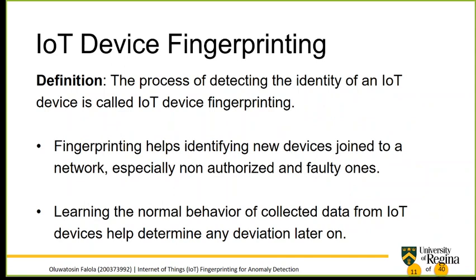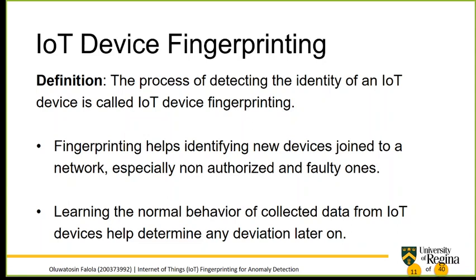Now, IoT device fingerprinting is a process of detecting the identity of an IoT device. With fingerprinting, we are able to identify new devices that have joined the network, or existing devices in the network, especially devices that are unauthorized or faulty.